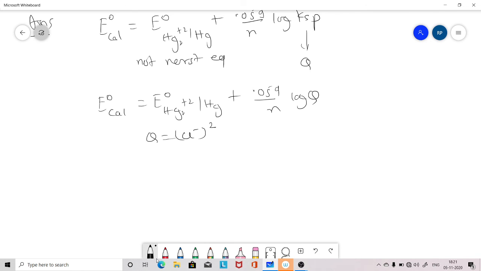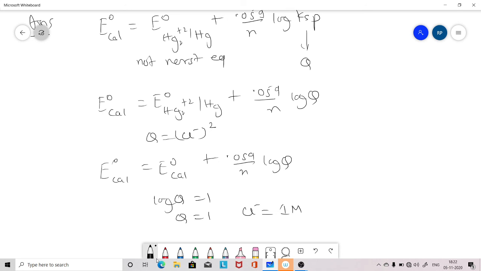When E calomel is equal to that of Hg, the term 0.059 upon n log Q will become 0. So log Q is equal to 0, which means Q is equal to 1. So the chloride ion concentration should be 1 molar. That is the answer, your perfect answer, 1 molar concentration.